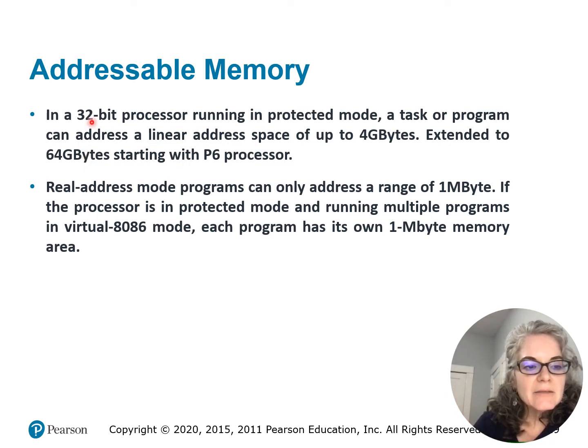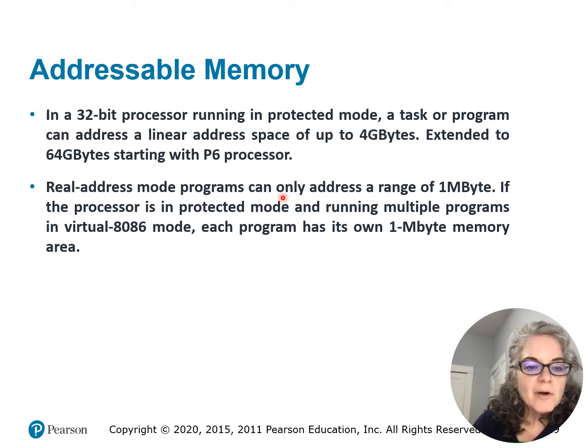It is extended to 64 gigabytes starting with the P6 processor. So again, it's running in protected mode and the program can address a linear address space of up to 4 gigabytes, but extended to 64 with the P6 processor.